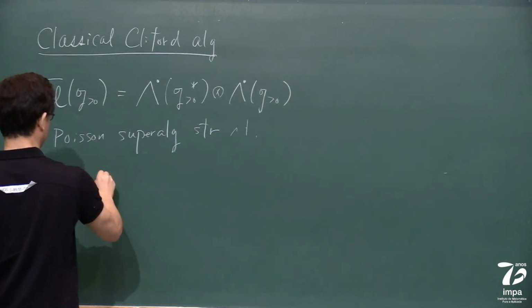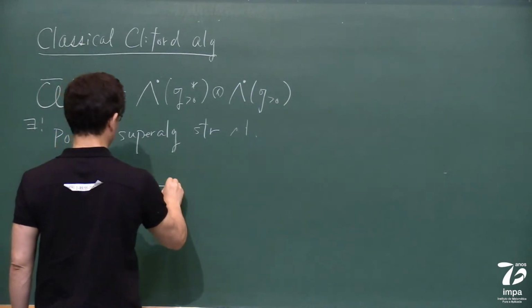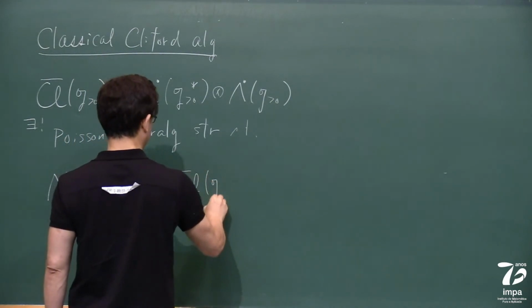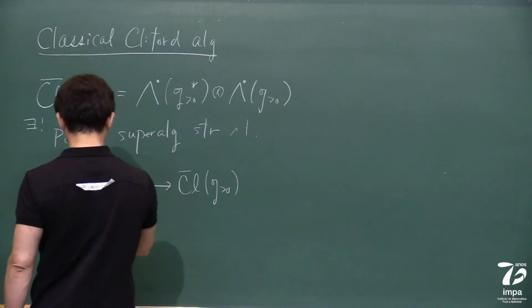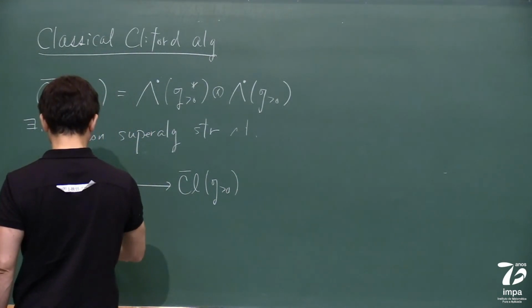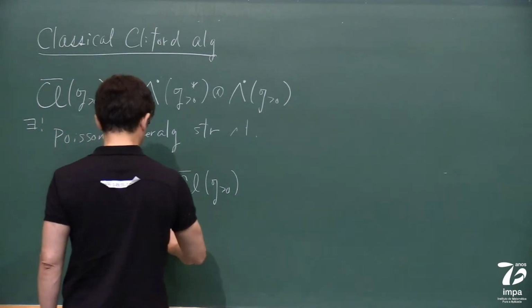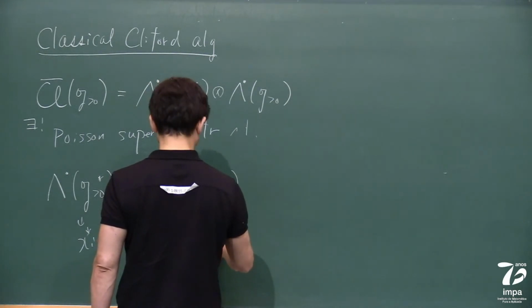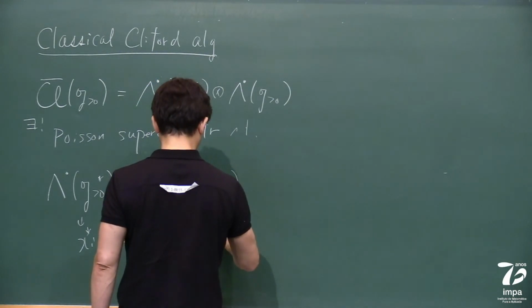of the Grassmann algebra of G star to this vector space, which sends a generator xi star to some image.